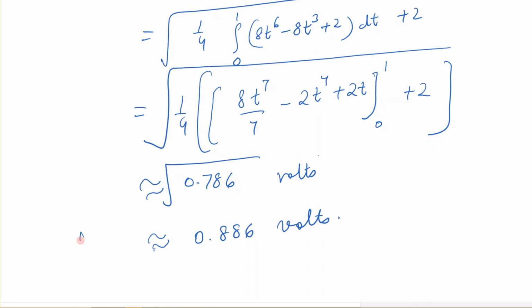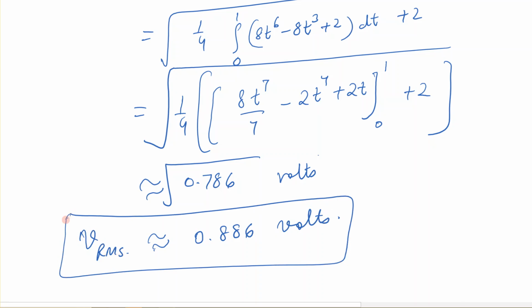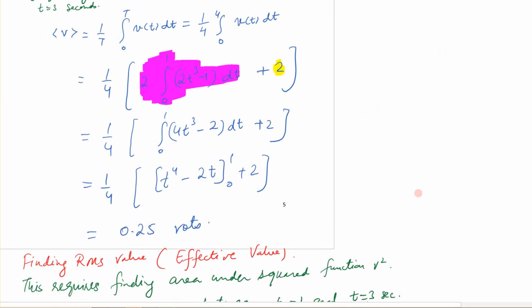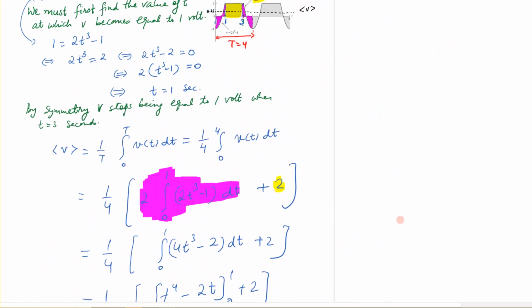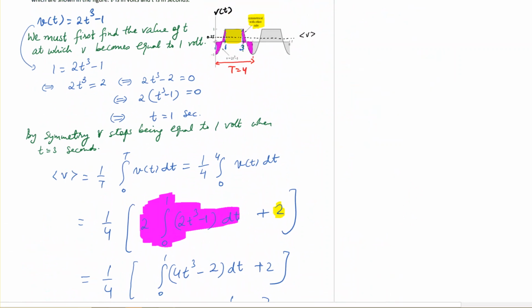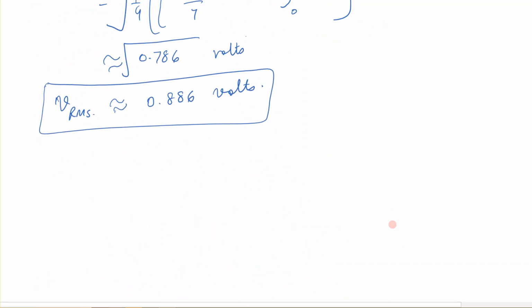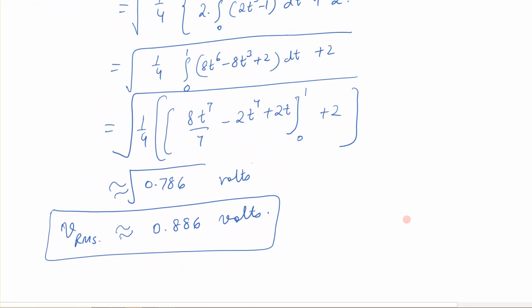So this is our RMS value of our voltage function, or the effective value of our voltage function. So basically, you can use the integral formula to find the area under curves that you cannot do geometrically, and similarly for the RMS value you need to square the function.